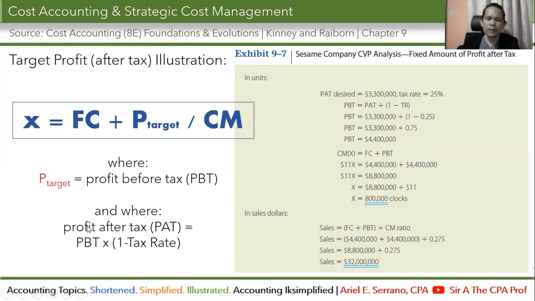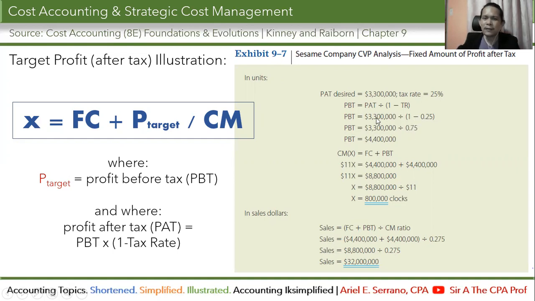So from the profit before tax na 100%, para makuha natin yung profit after tax, multiply natin ng 75%. Dito, from the profit after tax, divide natin ng 75% para makuha natin yung 100%. I hope you understand what I am talking about here.